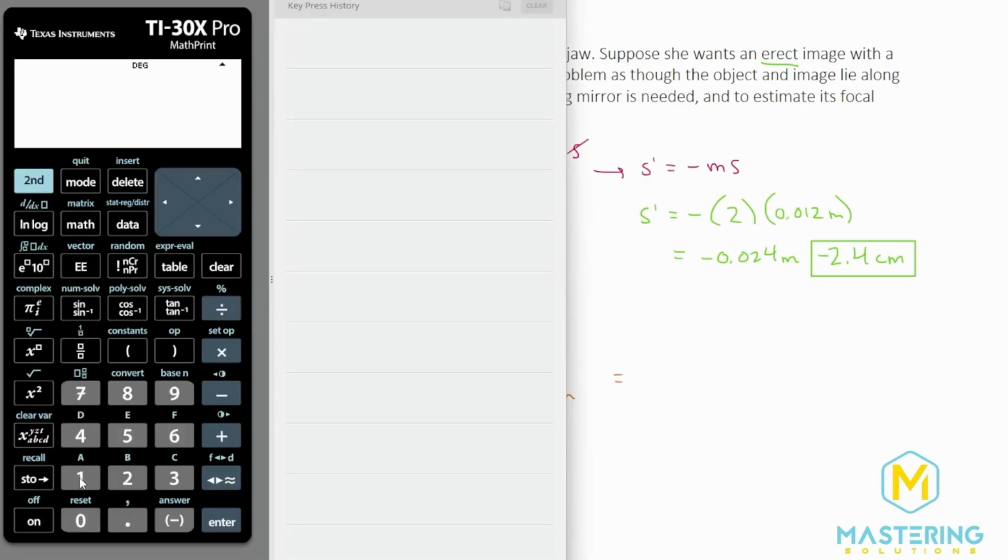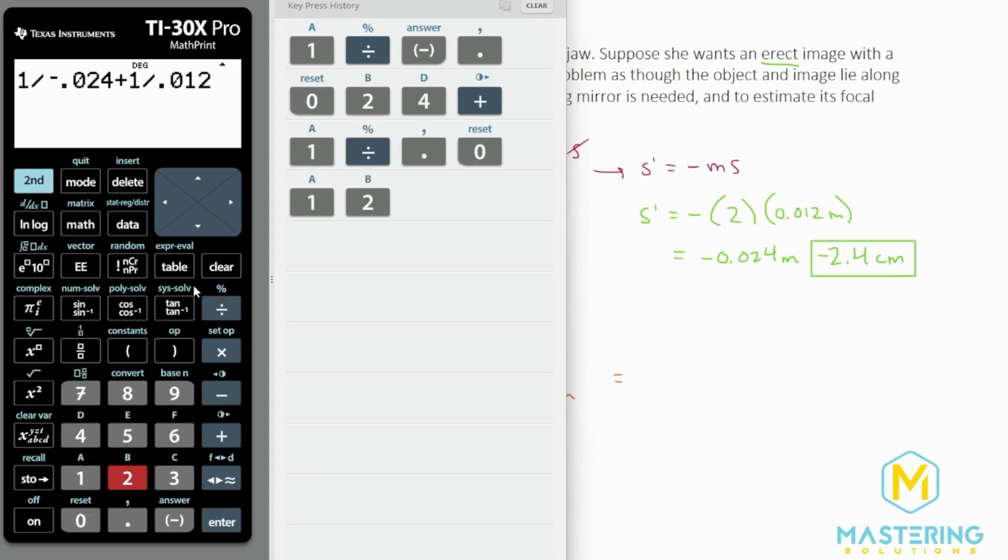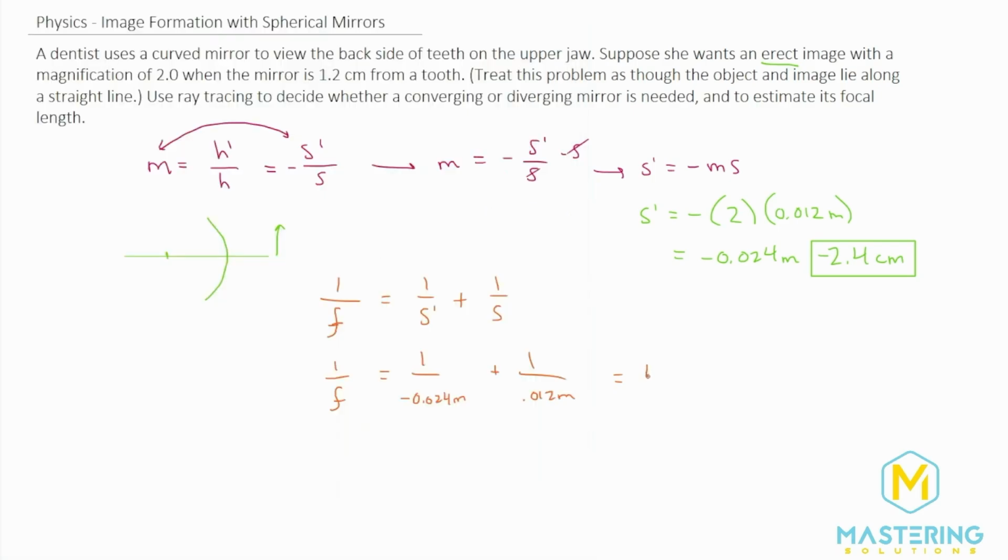When we plug this in, we have 1 divided by negative 0.024, and then we add 1 divided by 0.012 for the object distance. That gives us 41.67 diopters.